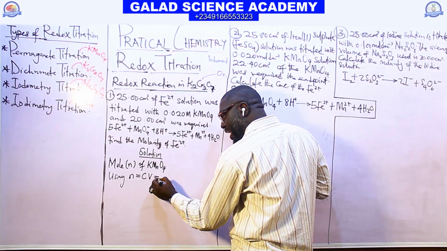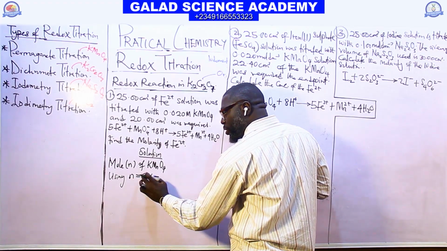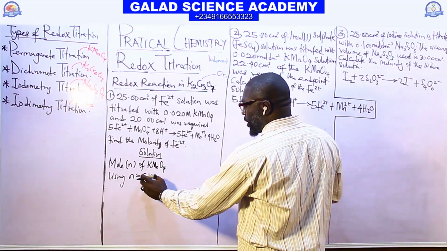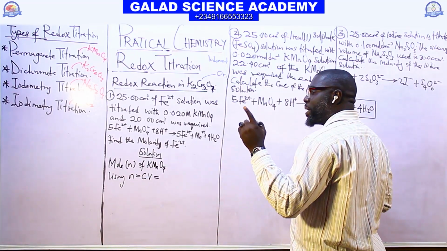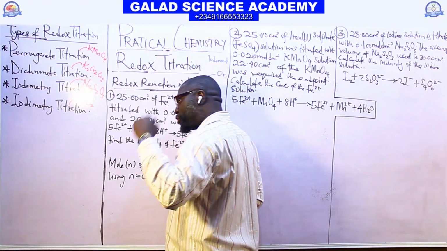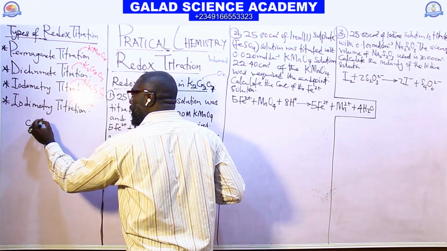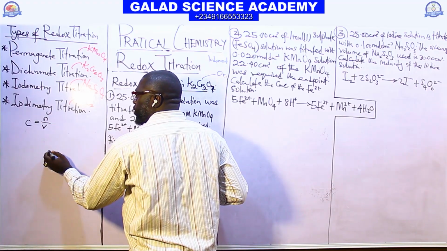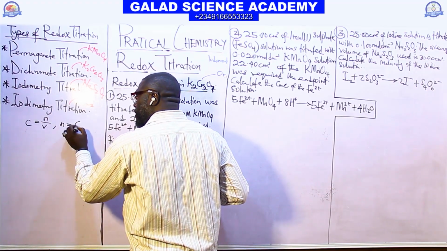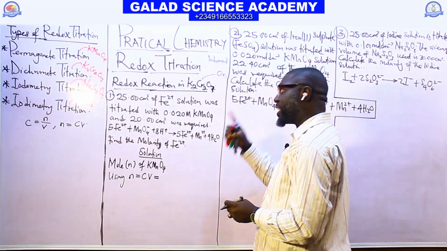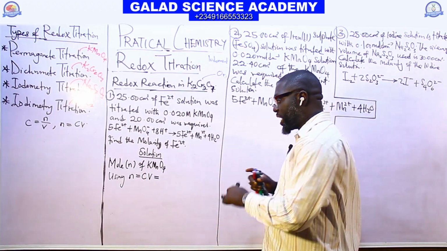So n is number of mole, C is molar concentration, which is molarity. This formula n equals CV comes from the molarity equals the number of mole over volume. I explained this before in my first class in the volumetric analysis.